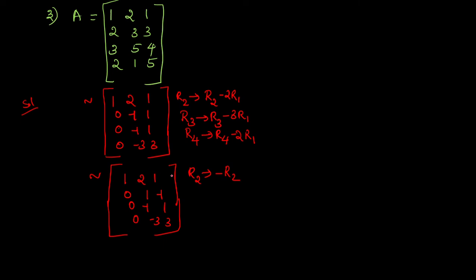Our next aim is to make all the elements beneath this one zeros. Therefore, use the row transformations. R3 gives R3 plus R2.